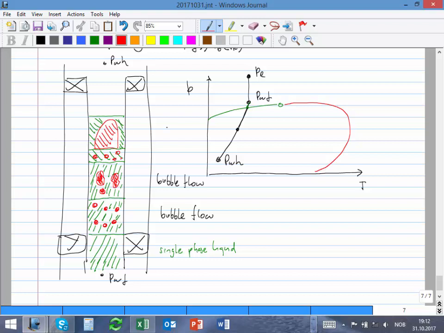And this one here is what we call slug flow. Okay, I think I will need to put a bit longer wellbore.